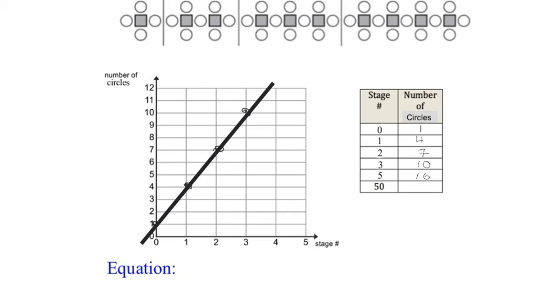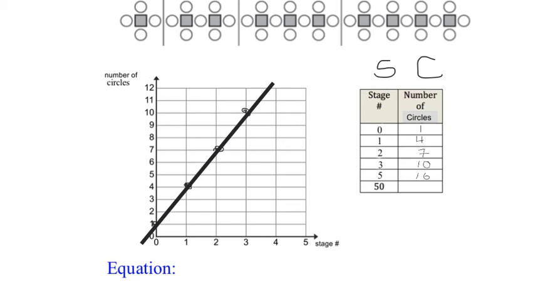So the equation is going to be a relationship, and the relationship is going to be between 2 variables. Now in the table of values, we chose stage number and number of circles as our variables. So to make things easy on ourselves, we're going to change those to letters. Which letters you choose doesn't really matter, but just to keep things kind of the same, I'm going to choose S for my stage and C for my circles.